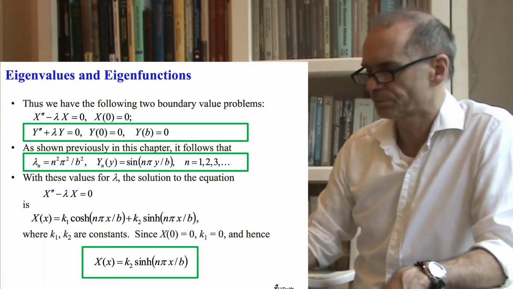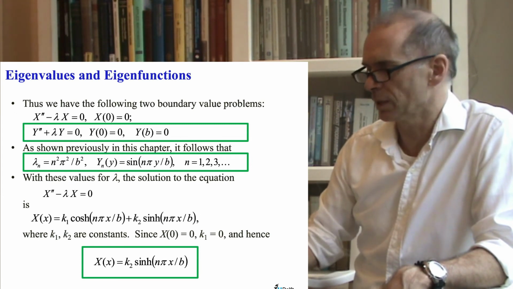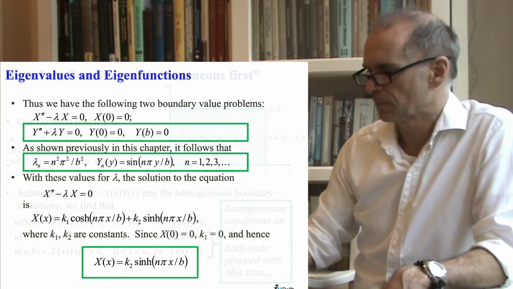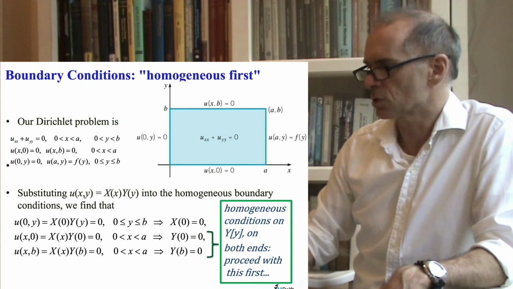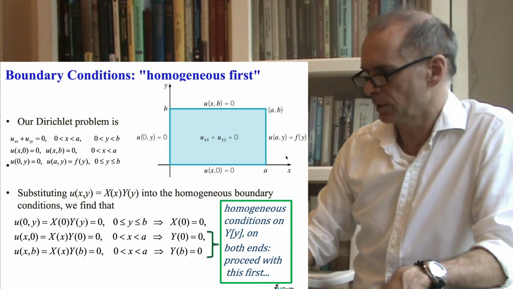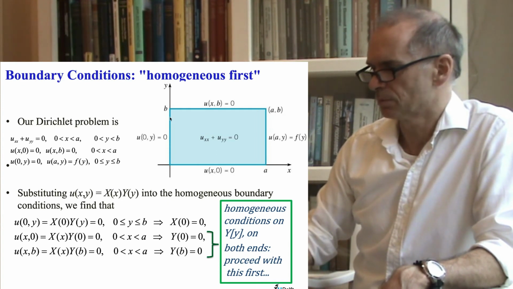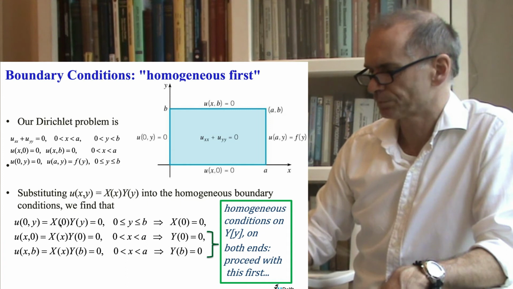Well, if you now apply that second boundary condition, that homogeneous boundary condition in the x direction, which is over here, which says u of 0 should be 0 for all y, so that implies here that x of 0 should be 0.